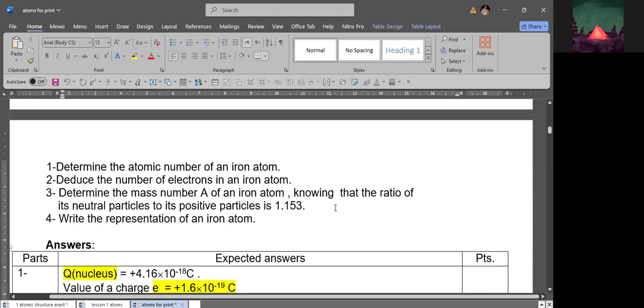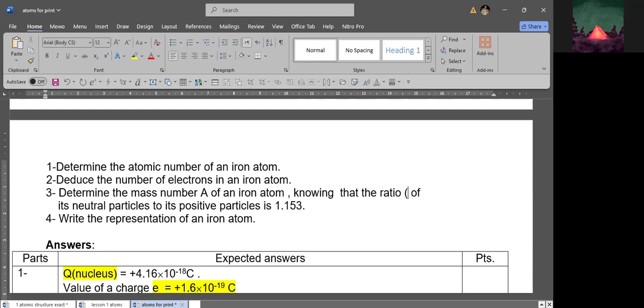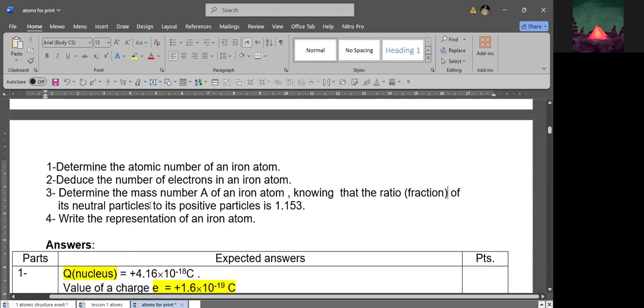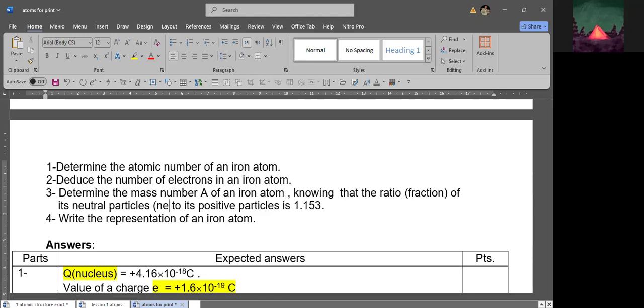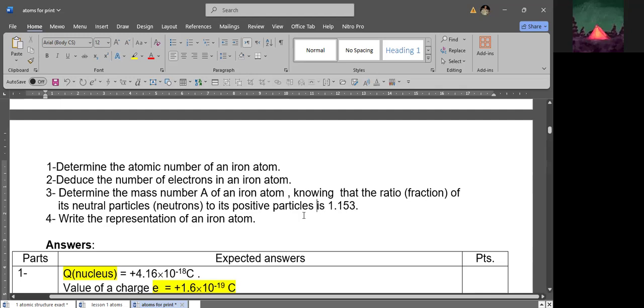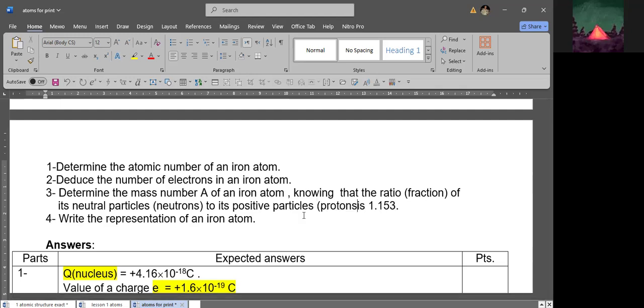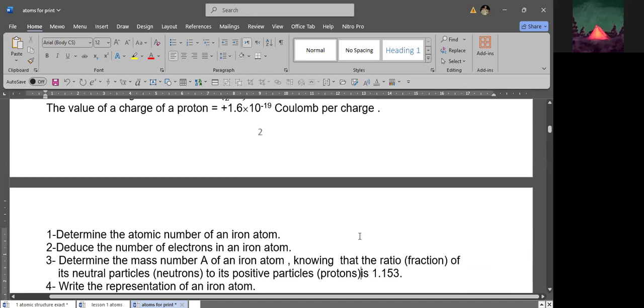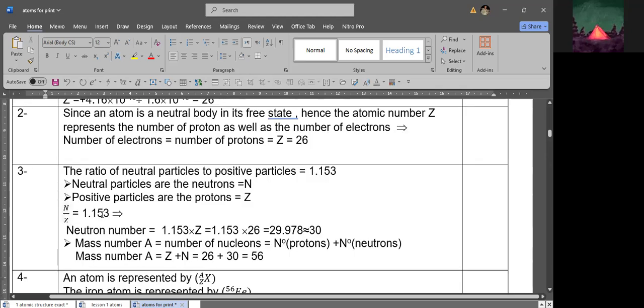You should know that a ratio is a fraction, numerator over denominator. The neutral particles are neutrons and the positive particles are protons. So N over Z should equal this ratio value. So I write the equation: N over Z equals 1.153.